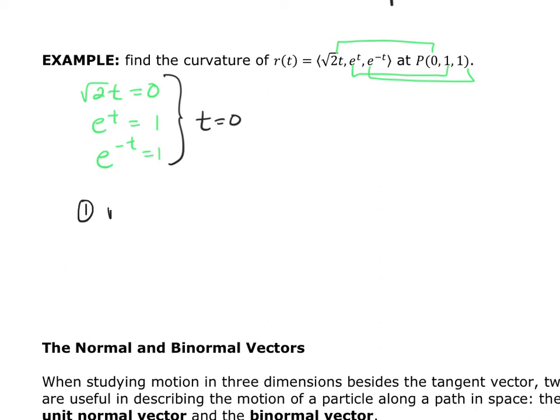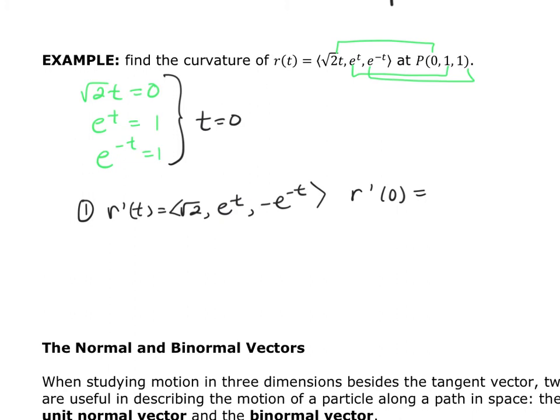So step number 1 is I'm going to do r prime of t, which is going to give me the square root of 2, e to the t all day long, and negative e to the negative t all day long. Now, let's see what happens when I do r prime of 0. I can do this right out of the gate.